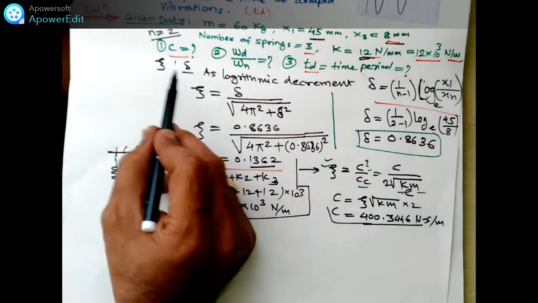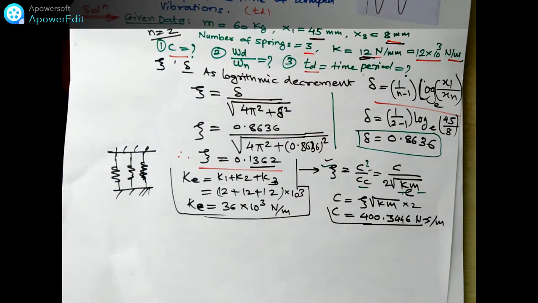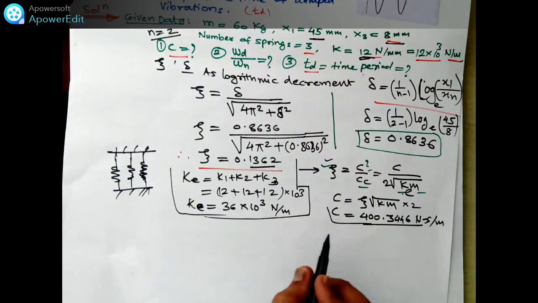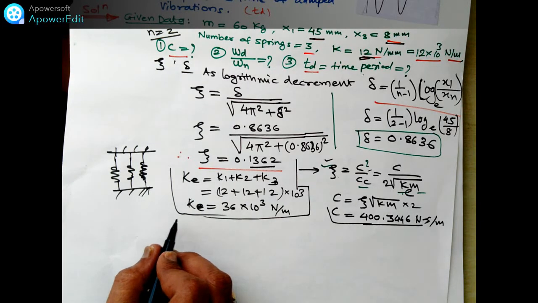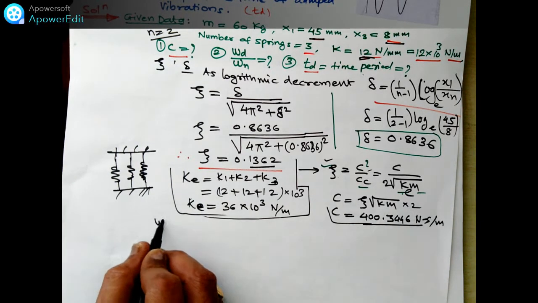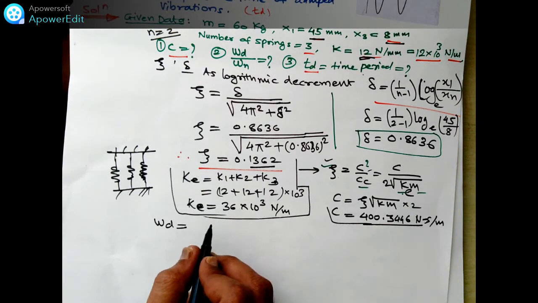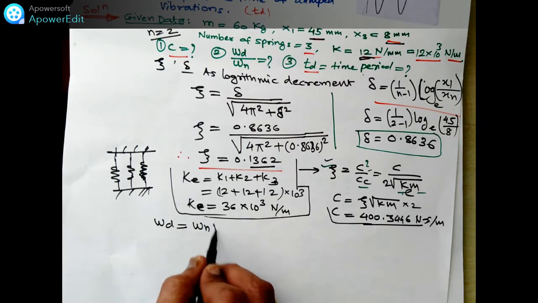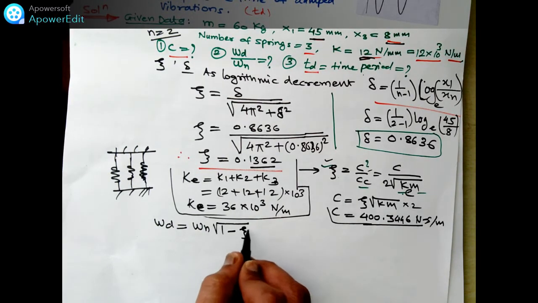What do we have to find out next? The first term we just calculated. Now we have to find out the ratio WD by WN. How can we find this WD? We can find WD by using this formula: WD is equal to Wn into under root of 1 minus zeta square.